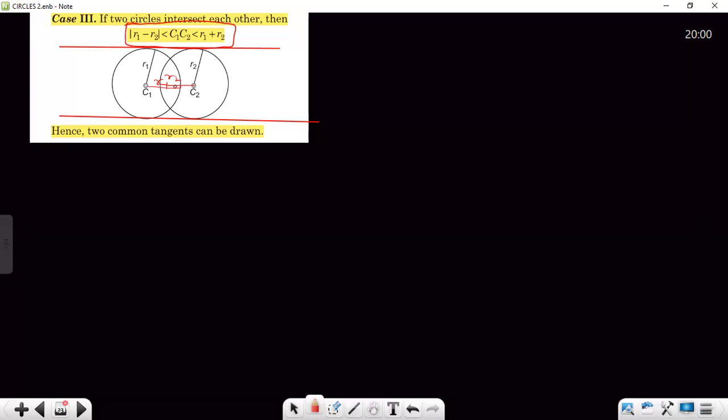So see, if we take the addition, it has to be greater than C1C2. The difference between these two is this only, which is of course less than C1C2. So that's one logic from which we can understand this relation. You have to remember this. There are two common tangents. Clear? Yes, sir. Understood?